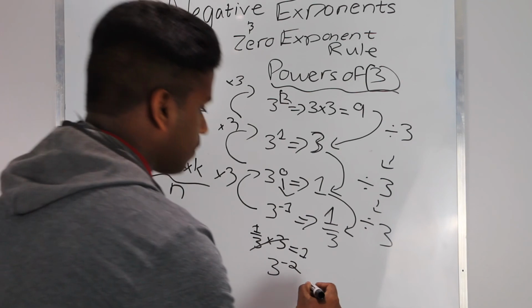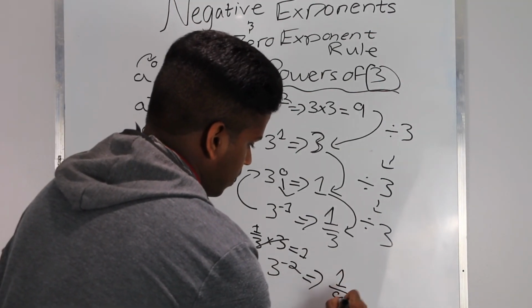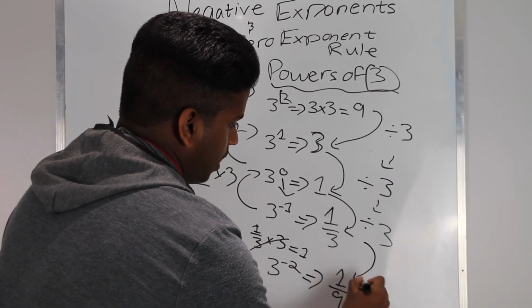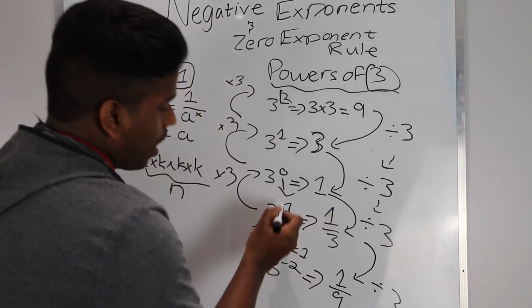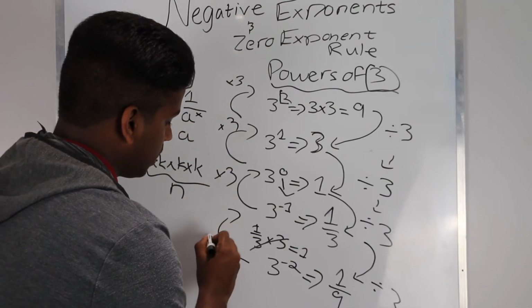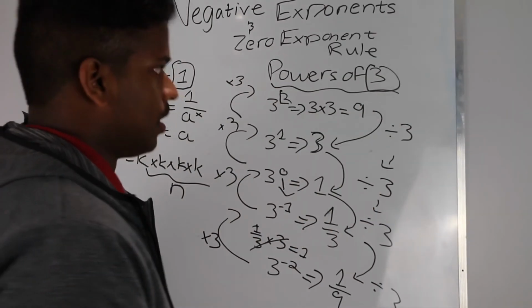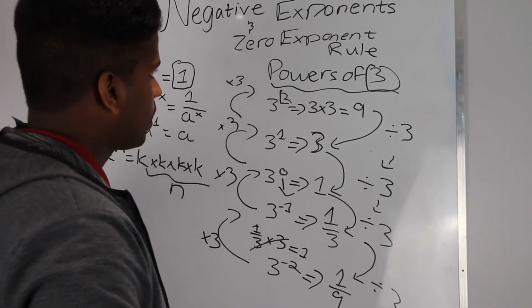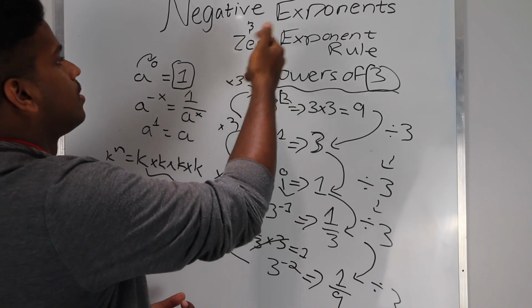Even if we go 3 to the power of -2, you will get 1/9. 3 to the power of 2, positive exponent, gives you 9. That would also be divided by 3. And if you want to go 1 up, going positive, it would also be times 3, since the base is 3 and we're looking at powers of 3. So that is how we find negative exponents and the zero exponent rule.